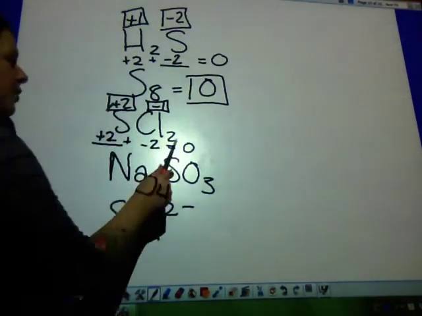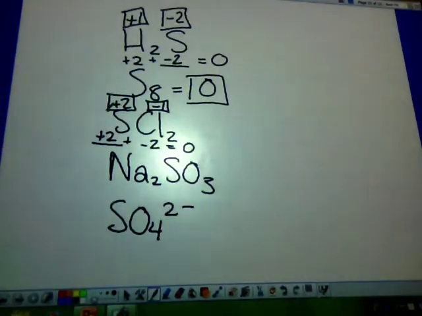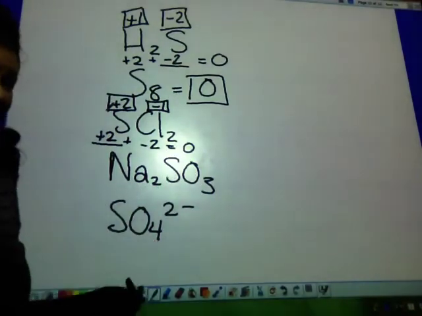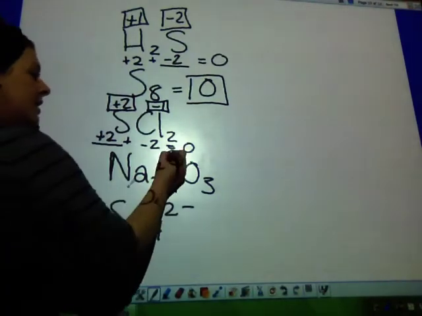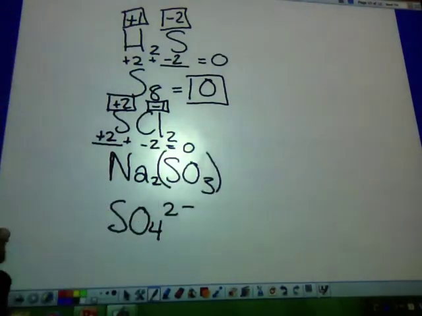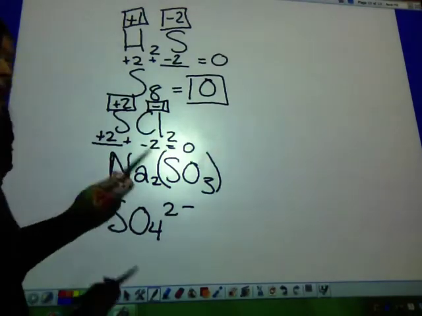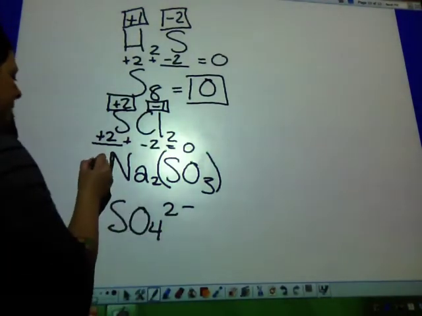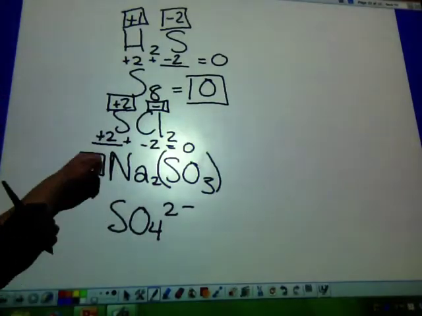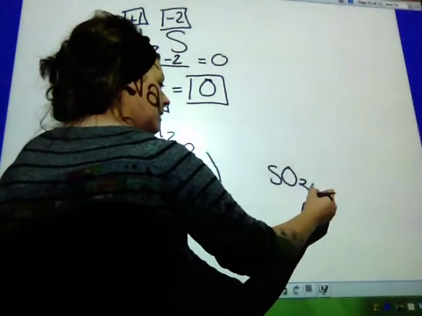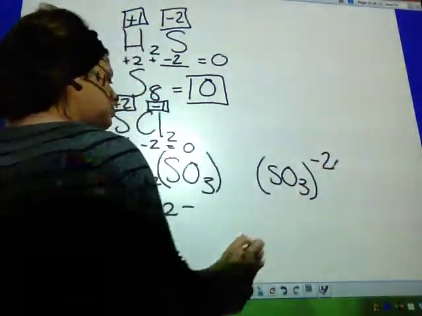Let's now go to sodium sulfite. When I see any ionic compound that has a polyatomic ion, I think about these being separate. I have my sodium, and then I have my sulfite ion. I think that breaking it up helps quite a bit. I know that sodium is an alkali metal, always has a +1 oxidation number. Sulfite, SO3, overall has a -2 charge.